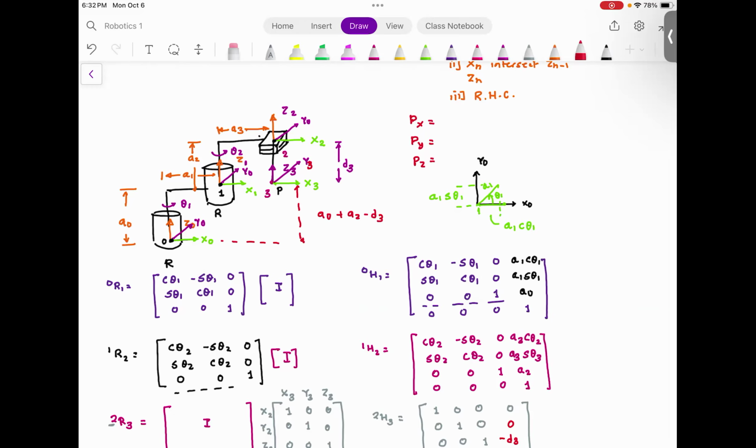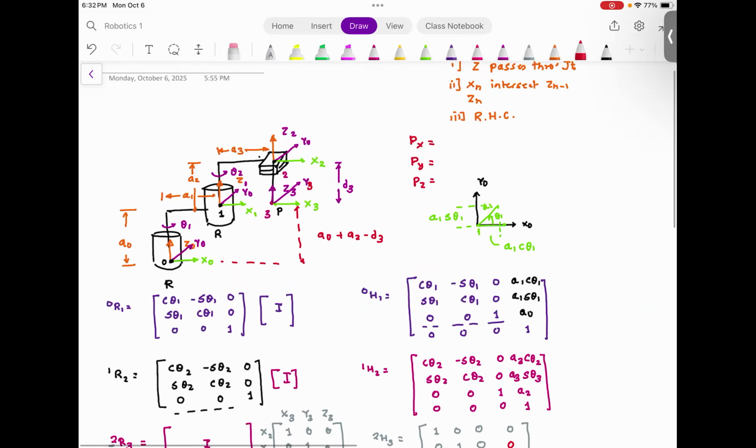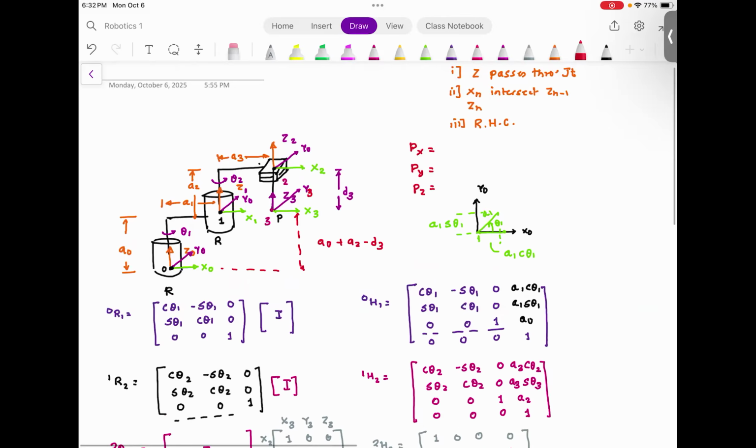Now what about X and Y? Remember, to find Z, we look in the front view. To find X and Y, you need to look in the top view. In the top view, what do you see? You guys know this. We have done this many times.